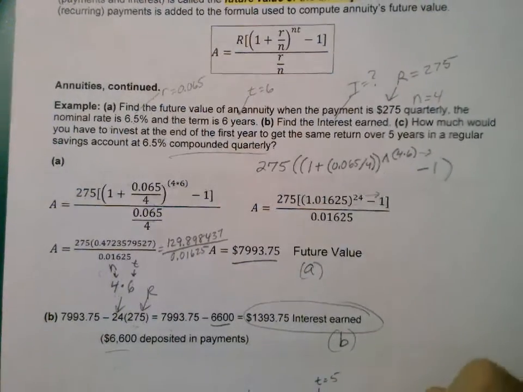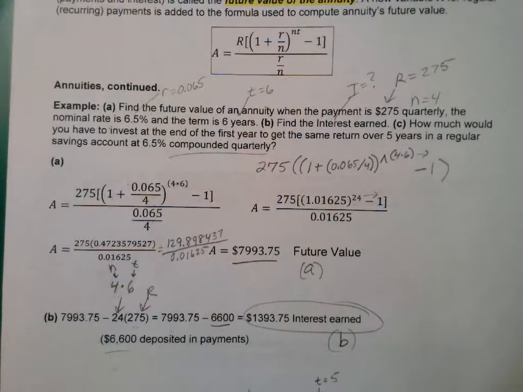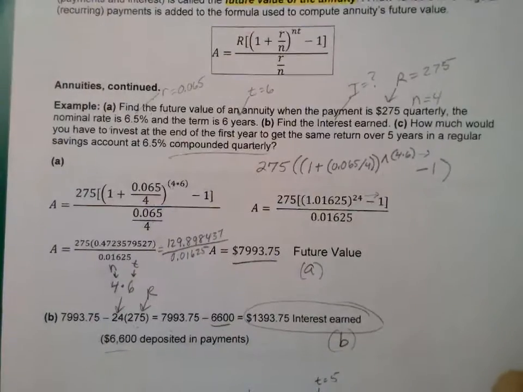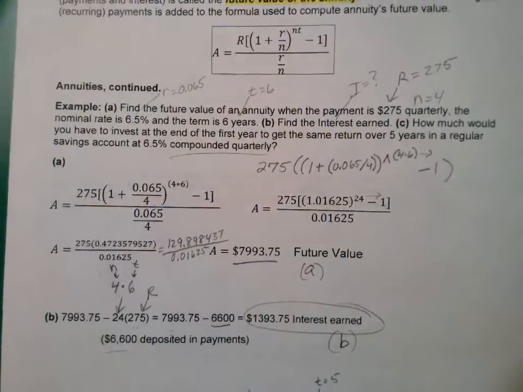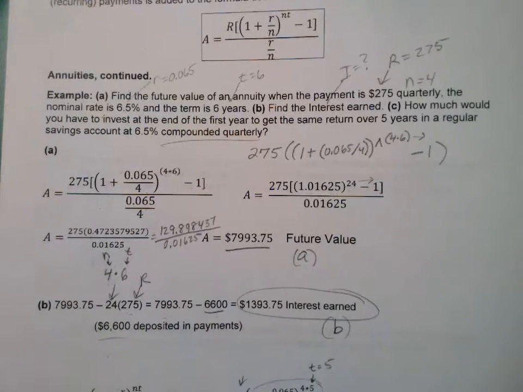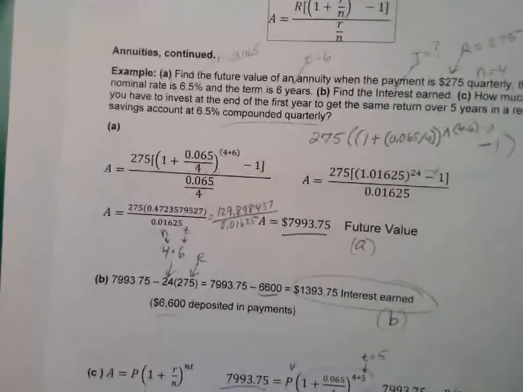So you can figure out all of this, get this number, okay? Divide both sides by that number, and you should get the amount of principal you would have to put in after the first year to earn the same amount. That would be your one-time future deposit. Okay? And we are definitely going to be practicing them on the next page.